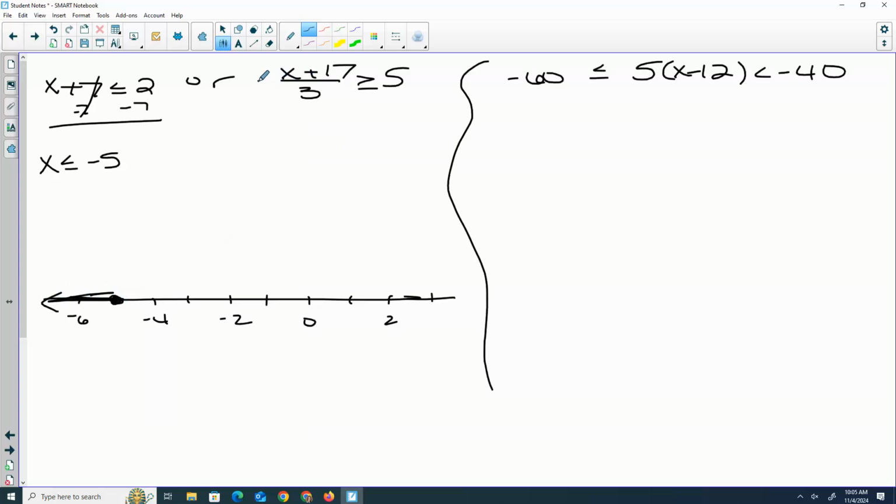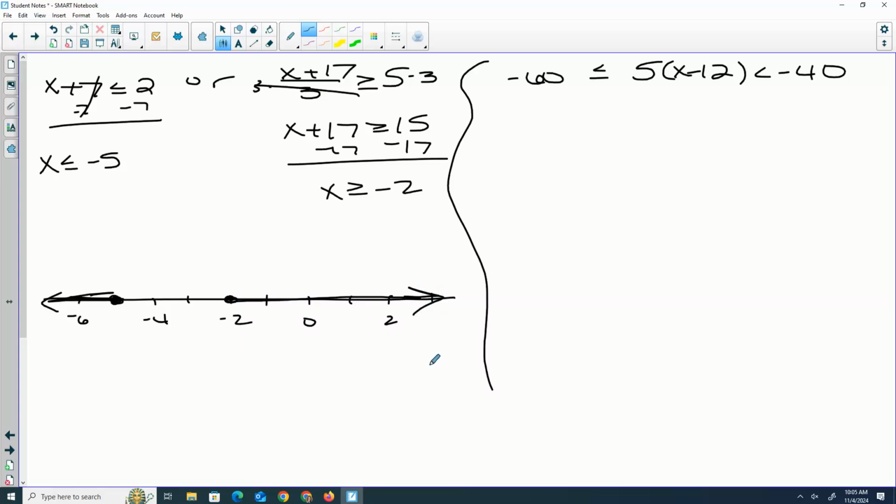Okay, the other one, you have to multiply the 3. So x plus 17 is greater than or equal to 15. Subtract the 17. So x is greater than or equal to negative 2. So that would be a closed circle at negative 2 going to the right. So or is 2 separate ones.